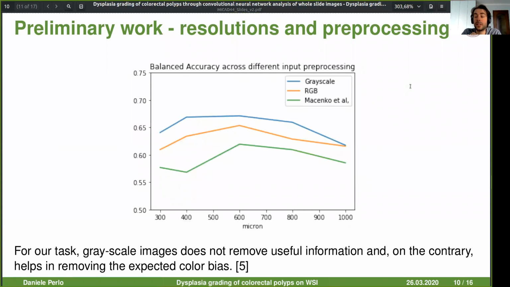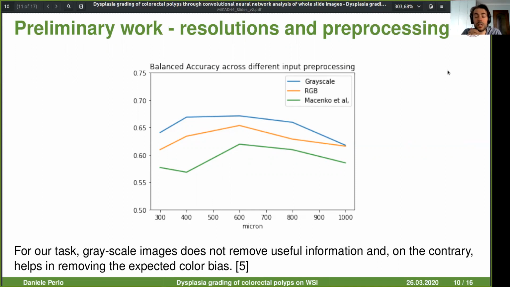What we found is that we have to work with grayscale images. Let me explain this graph. This is an excursion in physical dimension of the patches.